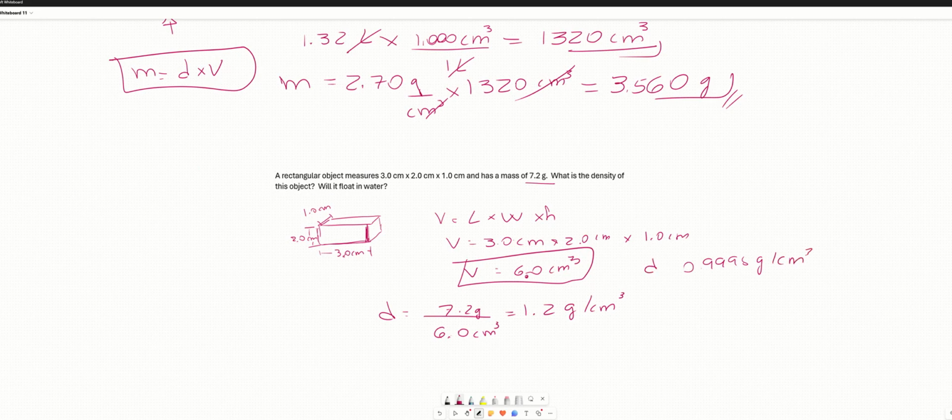That is the density of water, close to 1. And this is 1.2, so this is more dense than water. If this is more dense than water, will it float? No, it will not float in water.